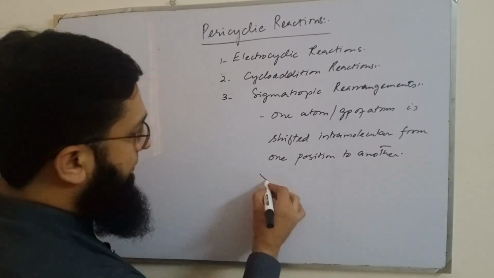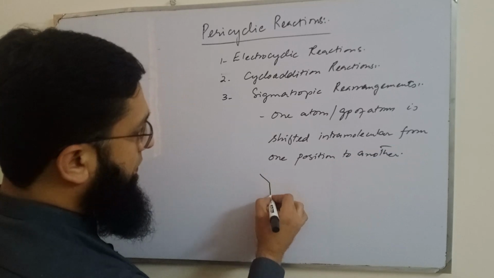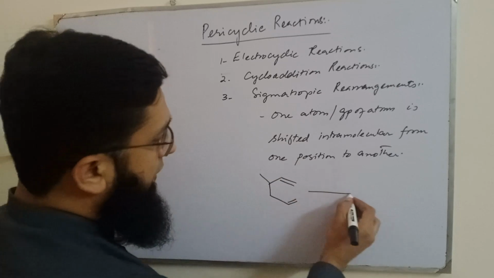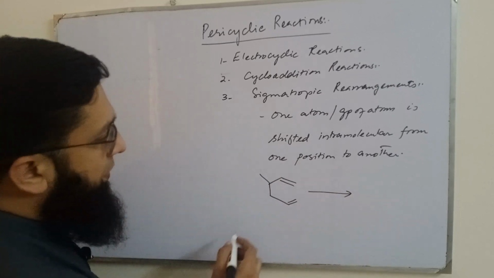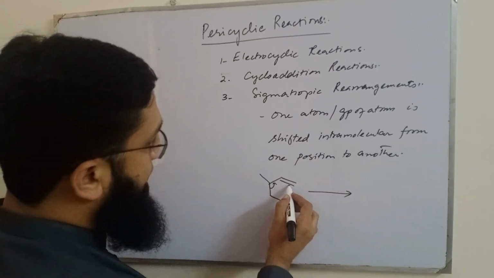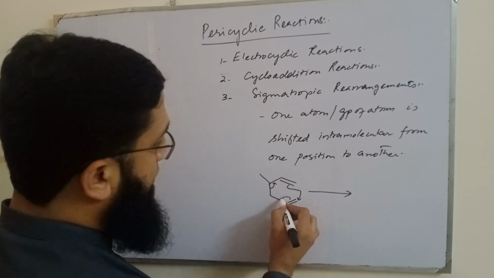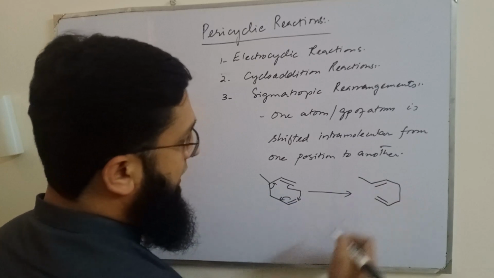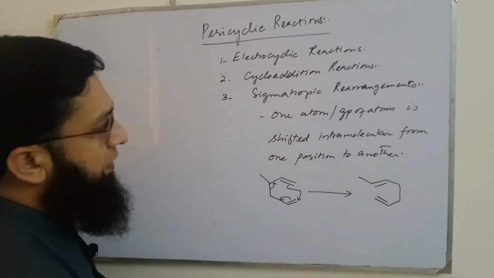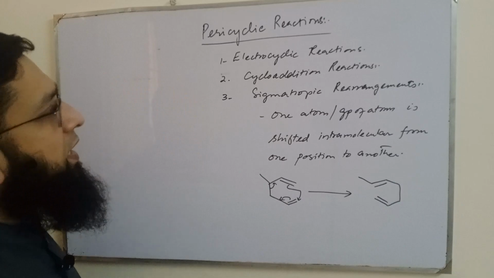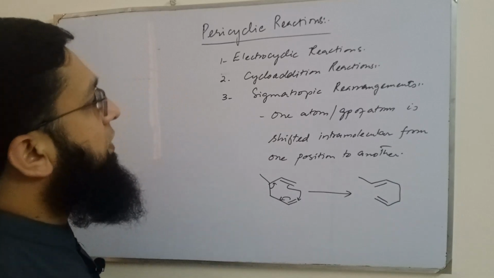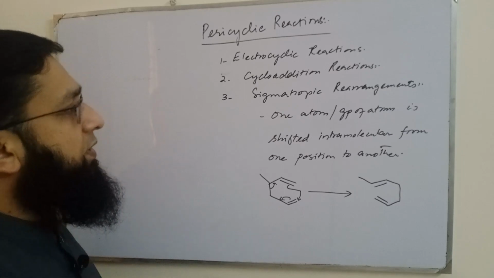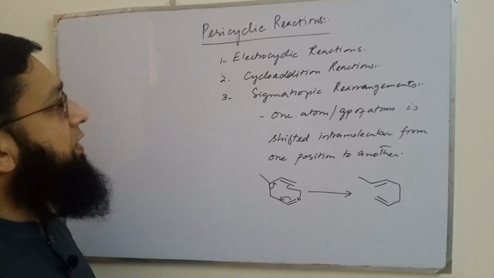For example, we have this molecule, and as a result of sigmatropic rearrangement we will get this. So this is sigmatropic rearrangement, and we will study the details of all the reactions later again. I hope all these definitions and basic concepts are clear to you.